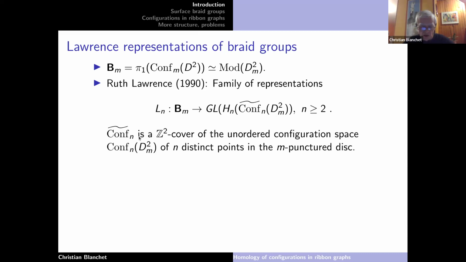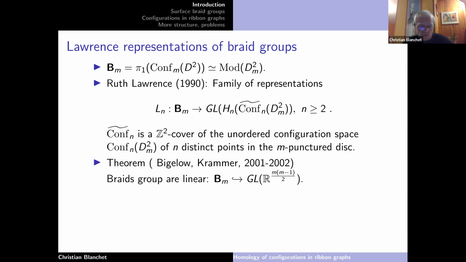So here the tilde is a Z2 regular cover of the unordered configuration space of n distinct points in the m-punctured disk. This was classical topology. And now, connected to this, we have this famous theorem everybody knows from Bigelow and independently Krammer, Stephen Bigelow, in 2001-2, which is that the braid groups are linear.